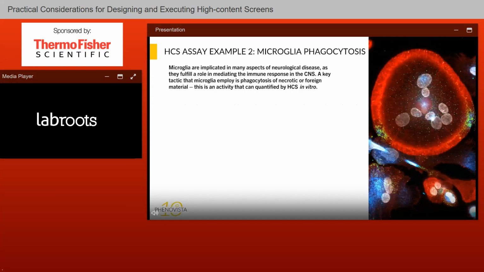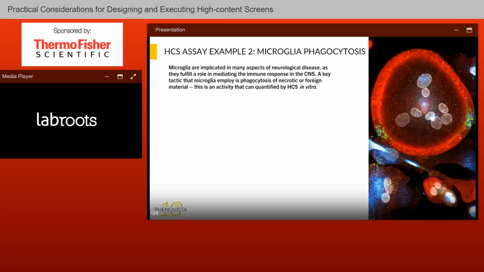The next example is, I guess, similar in some ways, in that it's related to inflammation gone wrong and repair mechanisms gone wrong. But here we're looking at, in the CNS, microglial phagocytosis. Microglia, for those who aren't familiar, are essentially an immune component of the CNS and the brain.